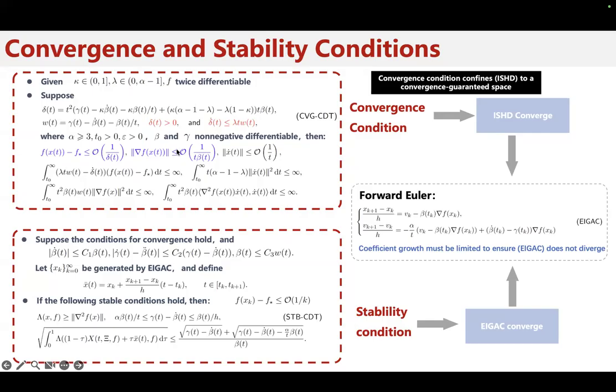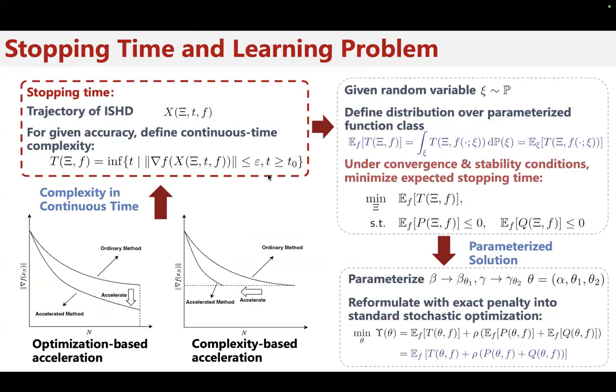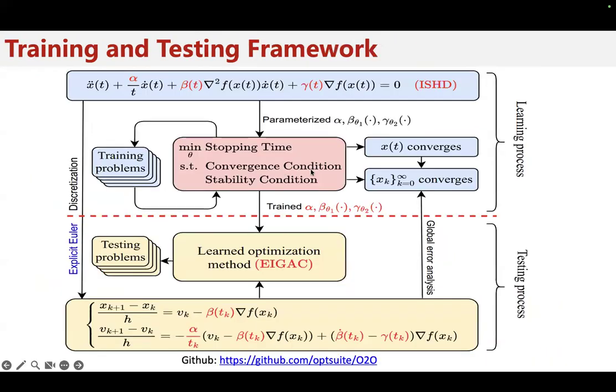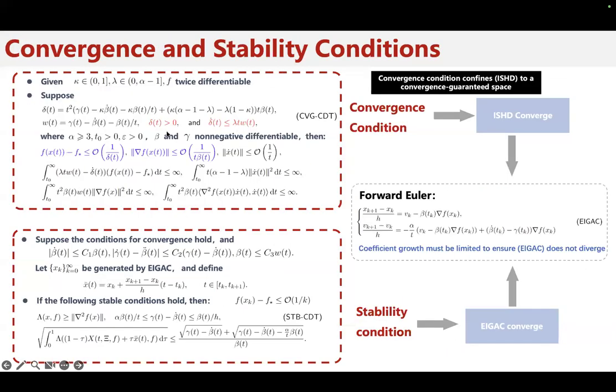This is the so-called convergence condition. So in the machine learning problem, we have to put these conditions into the constraints. And what is the stable condition?